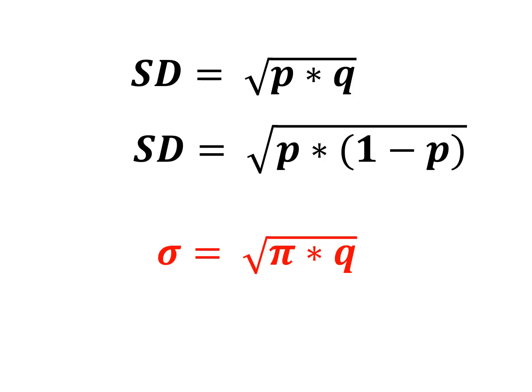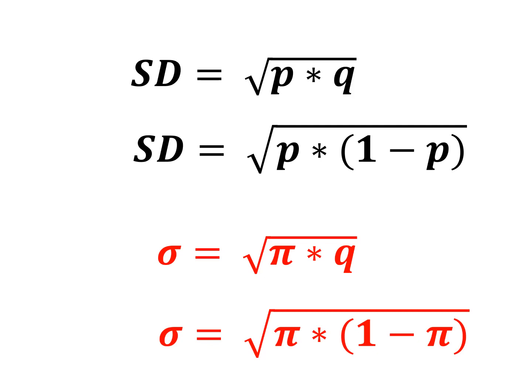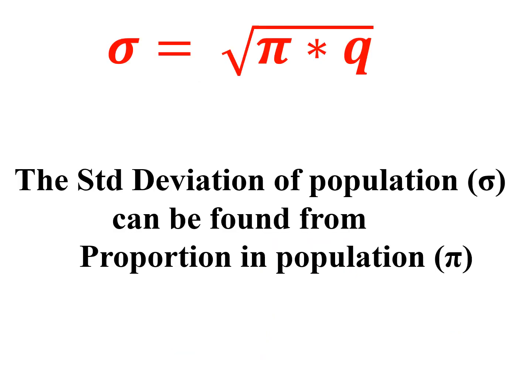When we were talking about p-values, q was calculated by subtracting 1 minus p. So this time, in order to calculate the population standard deviation, we're going to subtract 1 minus pi. So essentially, the standard deviation of the population is equal to the square root of pi times q.